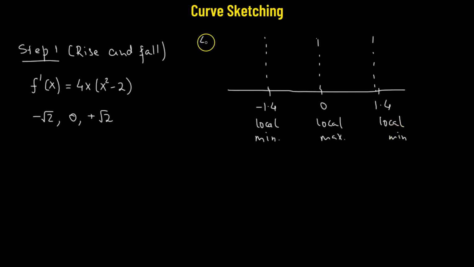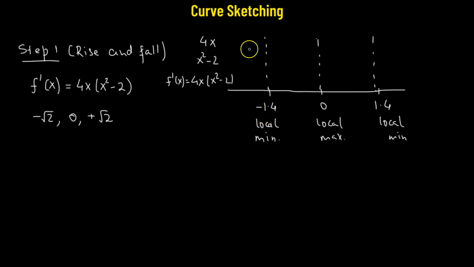So we will consider 4x. We'll consider the sign of 4x in all the 4 regions. Then we'll consider x^2 - 2, and we'll also consider its sign in all the 4 regions. And finally, in the third step, we are going to multiply 4x with x^2 - 2, which simply is our first derivative, f'(x). So we'll take values less than -1.4.